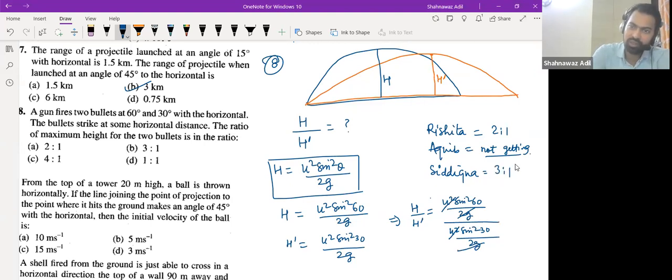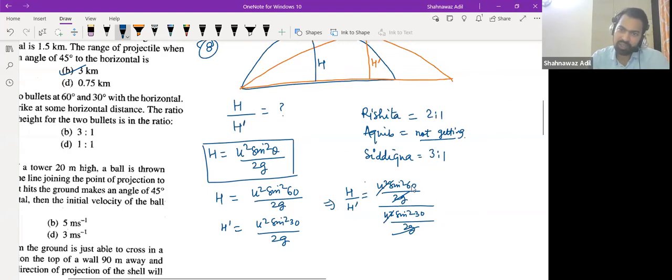Then sine square 60: what is sine 60? Root 3 by 2. So this is root 3 by 2 square, and sine 30 is 1 by 2.